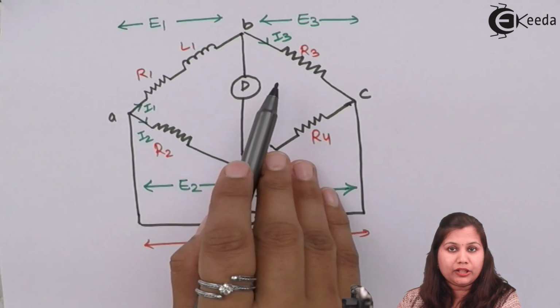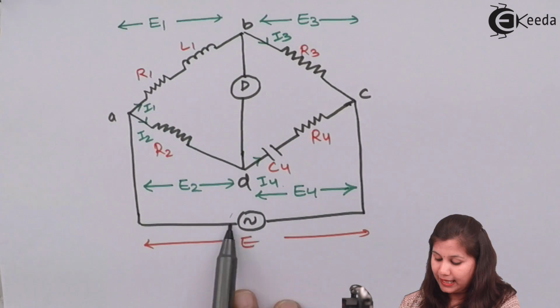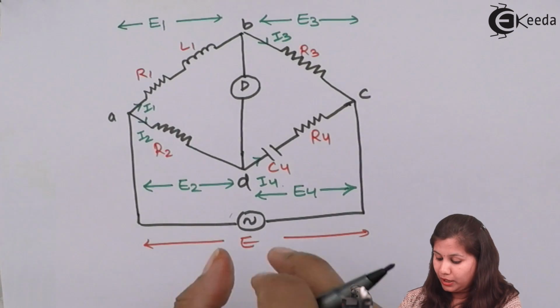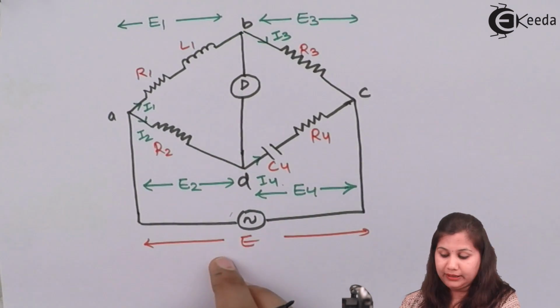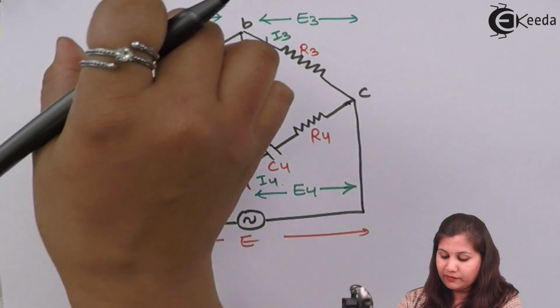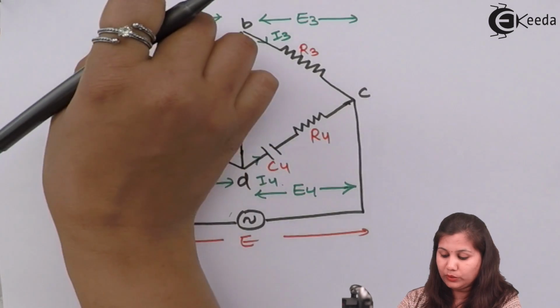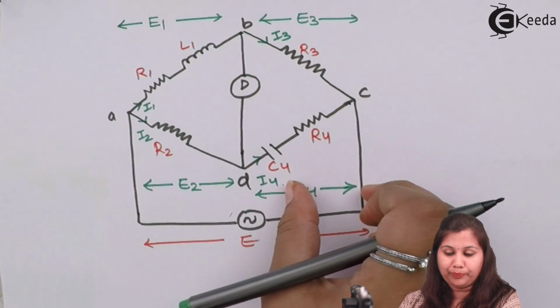D is the detector which is used to obtain the balance condition, and this is an AC voltage source which is providing the power supply to the bridge network. The total voltage provided is E, and this E is divided on each of these branches. So E will be equal to E1 plus E3 and also E2 plus E4.